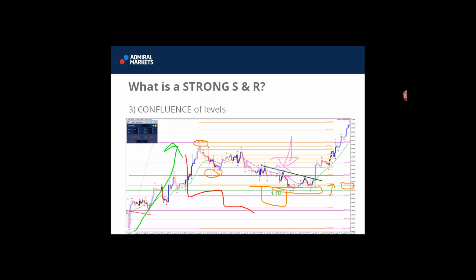110.00 is seen as a round level because basically anything where the very last two digits are 0, 0 is a very round number. 110.00. Because otherwise we would say 110.10, 110.22. Those are just normal numbers.